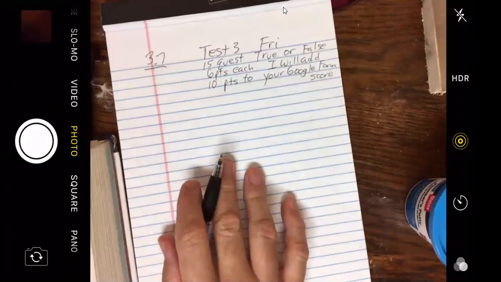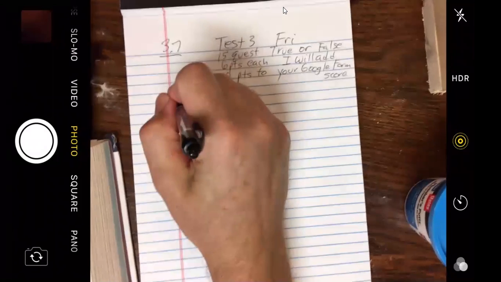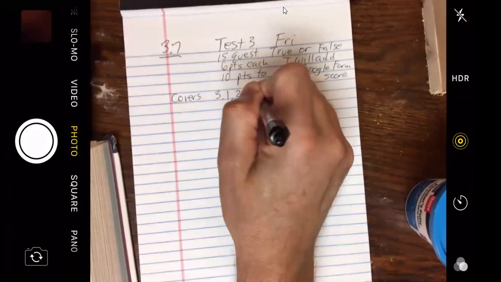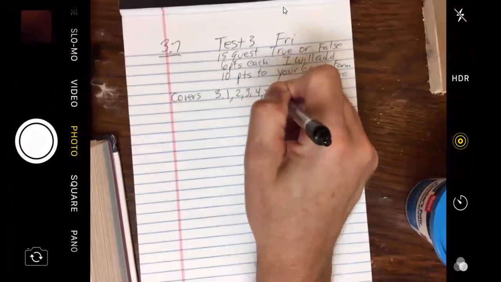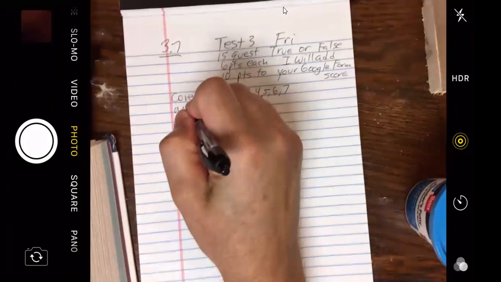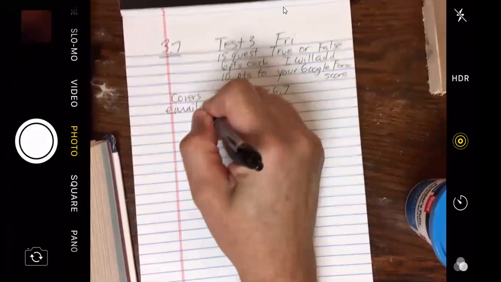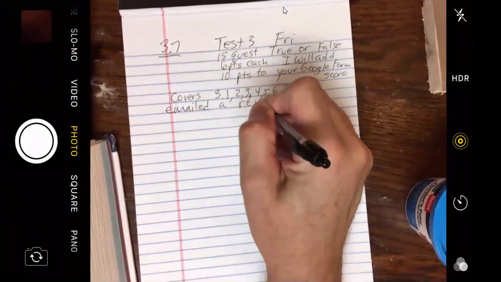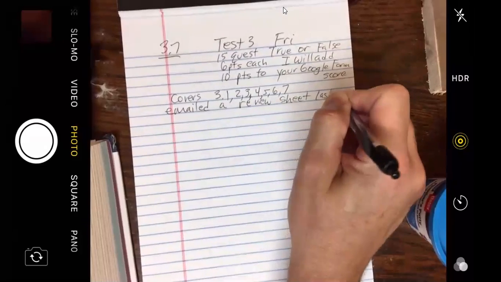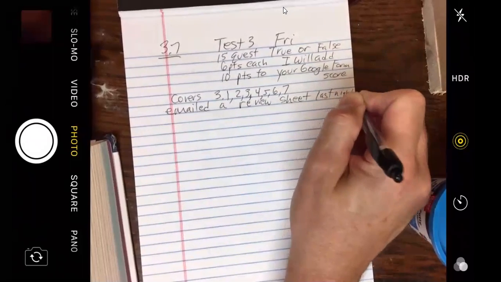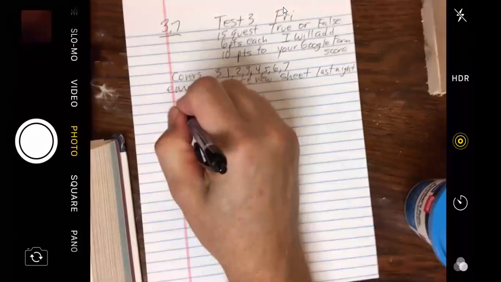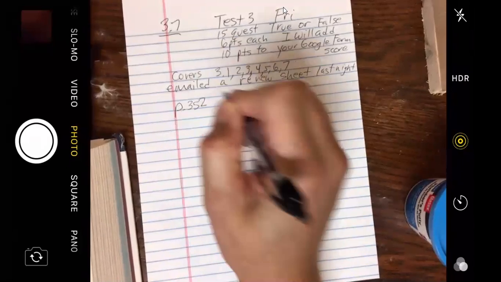It covers 3.1, 2, 3, 4, 5, 6, and 7. You were emailed a review sheet last night. Yeah, I got it a little late. Apologize for that. All right, let's start on page 352.